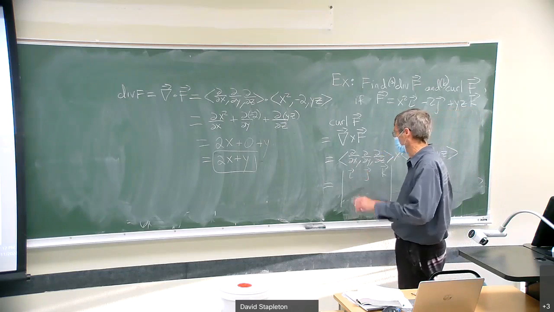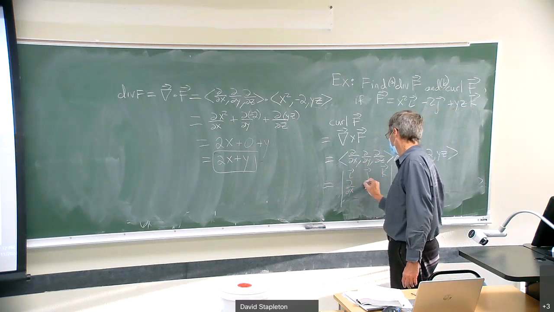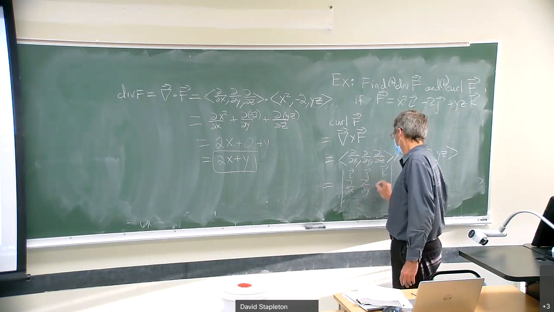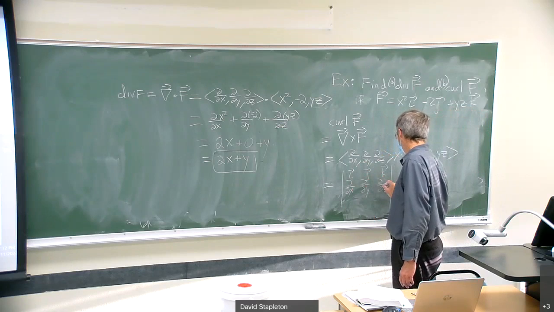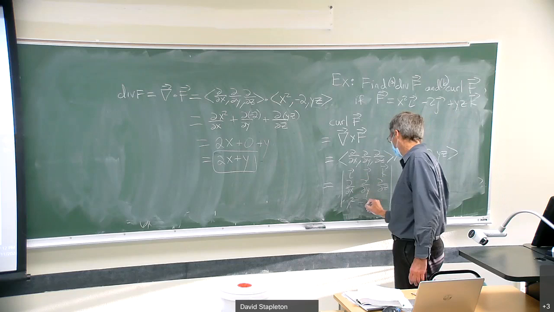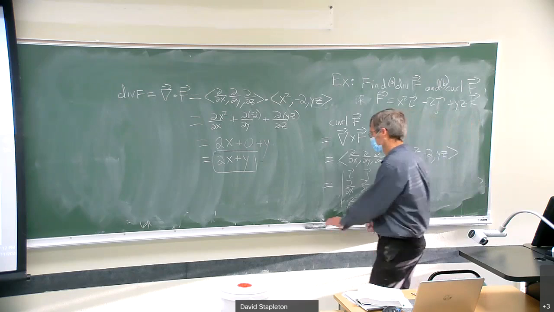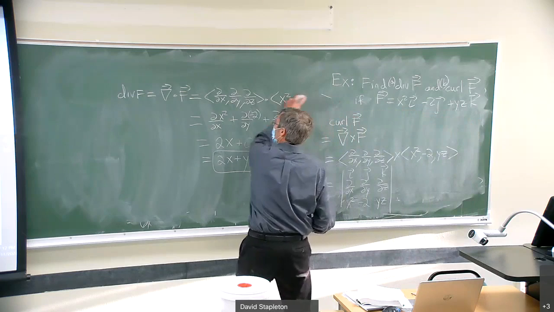You have to put them in order, or they'll be off by a minus sign. Put the first one first: ddx, ddy, ddz goes in the next row. And then x squared, minus 2, yz. Right.